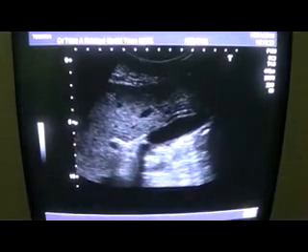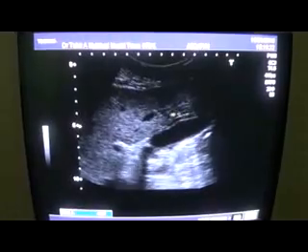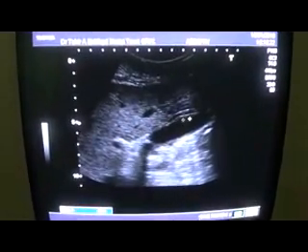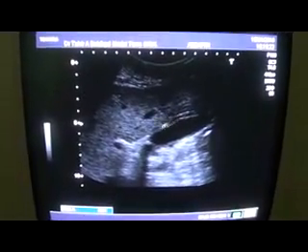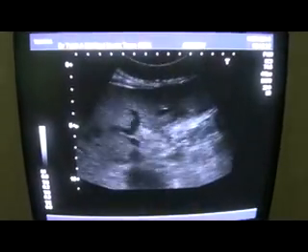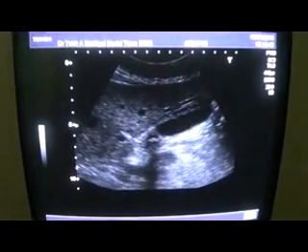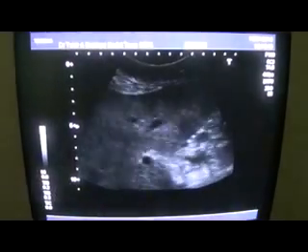This is the gallbladder, and this thin rim of fluid around the gallbladder is suggestive of ascites. Otherwise, this is not to be considered as pericholecystitis, and this is very commonly seen in patients with ascites. Now you see there are calculi as well within the gallbladder. This is the calculus giving posterior shadow.